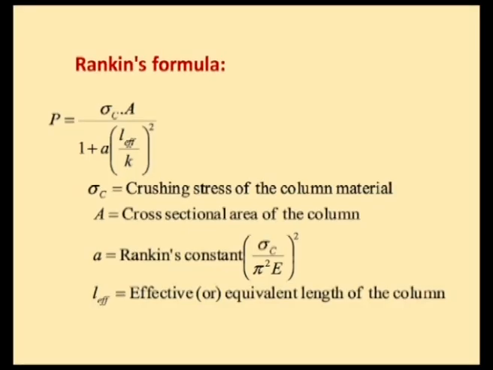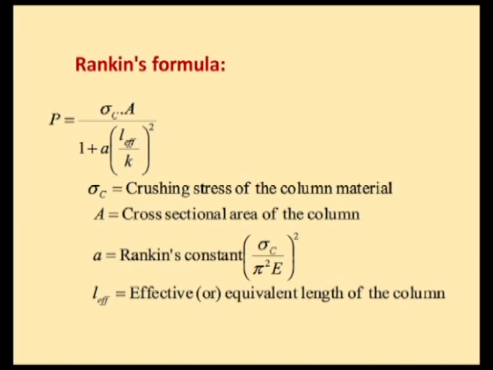Then comes the moment of inertia computation. We need to be familiar with moment of inertia of circular section, hollow circular section, I section, and any given section. Similarly, we should take the least moment of inertia. So, we should calculate I x x and I y y, and take the least moment of inertia for our computations, and then L effective.